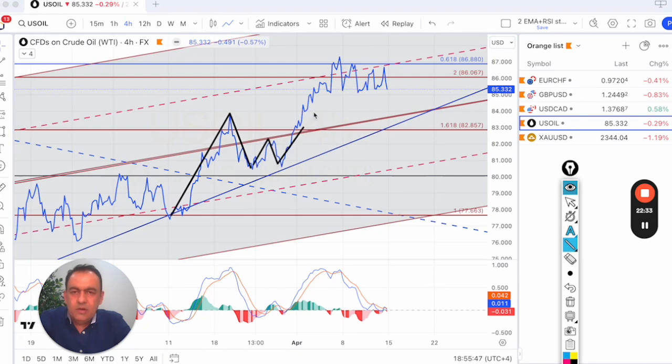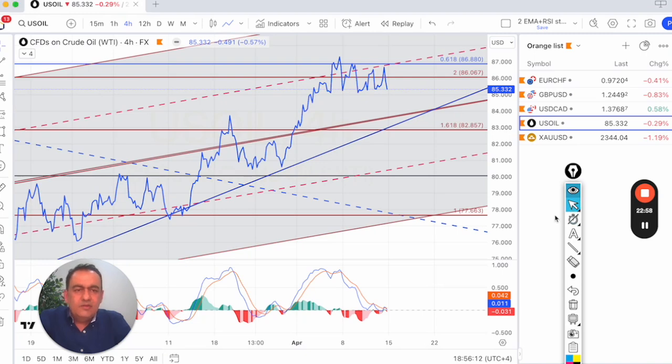So crude oil may remain range bound for a while, maybe inside a triangular formation or maybe a deeper pullback for the retest of the rising trend line, but it will always be safer to go for the buy trade on the pullback. So buy the dips and aim for the next fib target derived from the fib extensions.